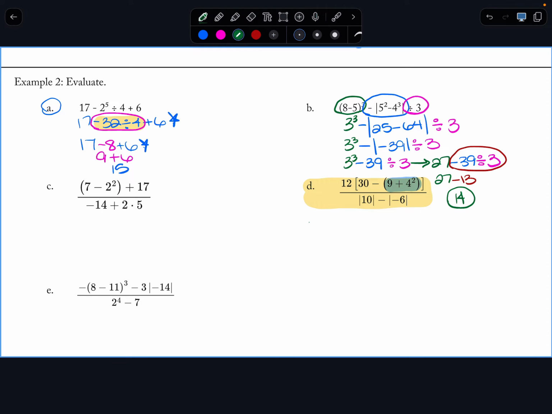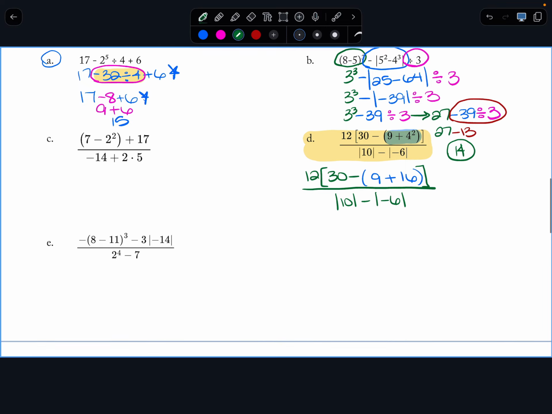So I have 12 times the quantity 30 minus 9 plus 16, all over absolute value of 10 minus absolute value of negative 6.